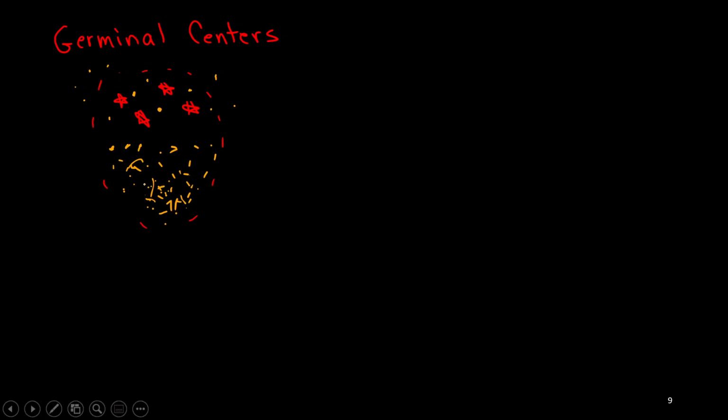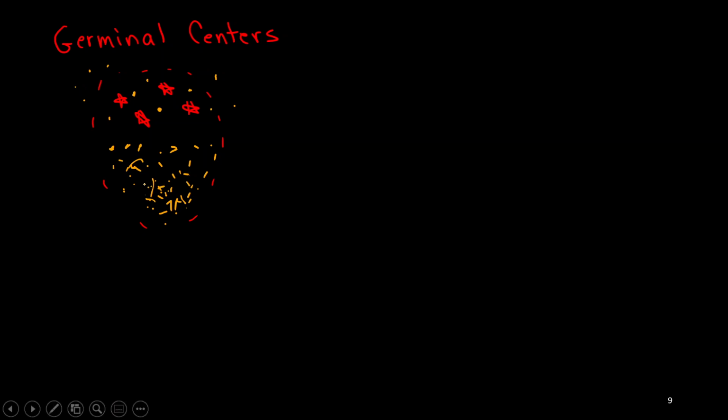So we still have our follicular dendritic cells activating. We still have B cells diffuse around, but then we also have this region down here that contains a lot of B cells.